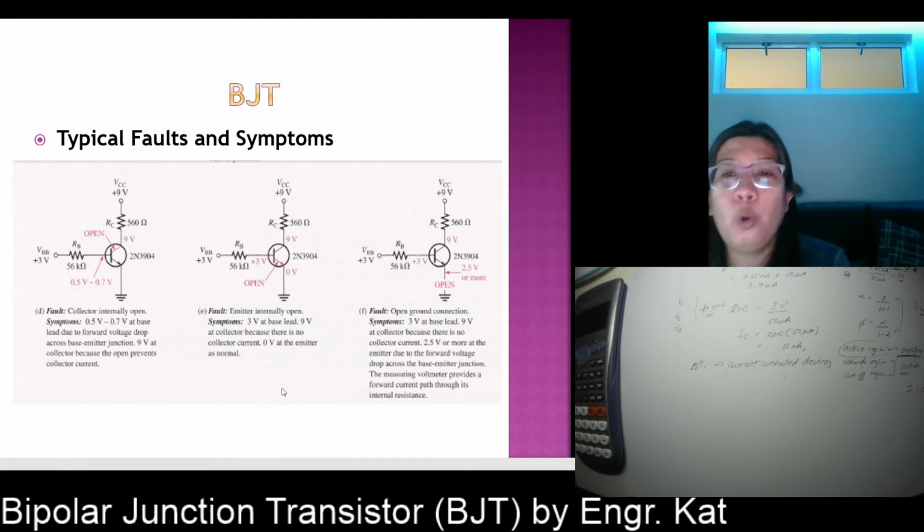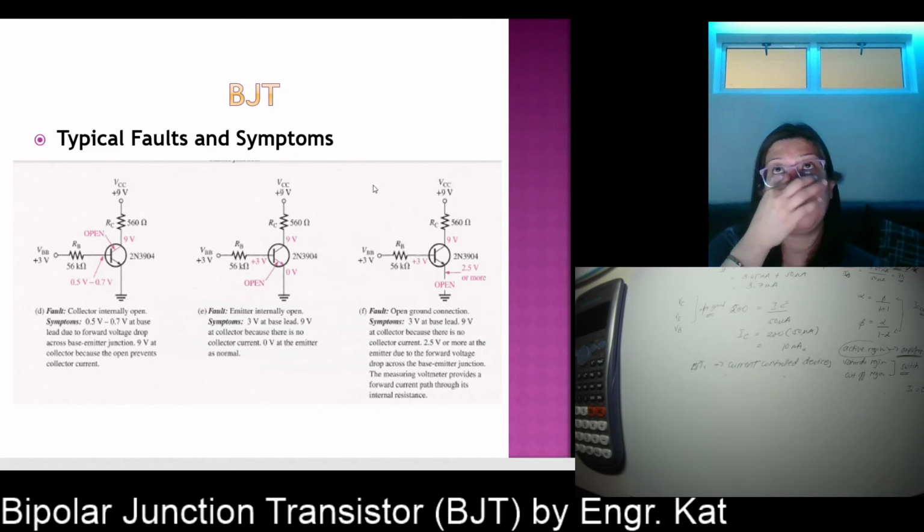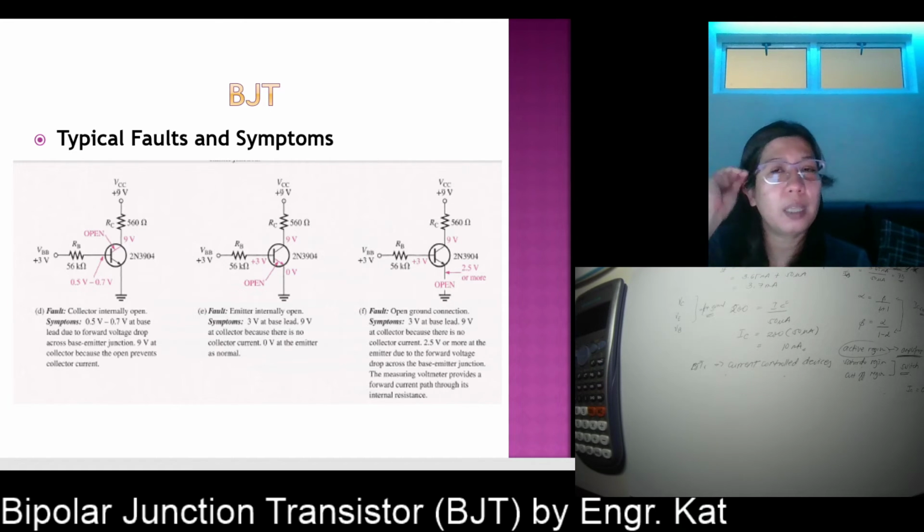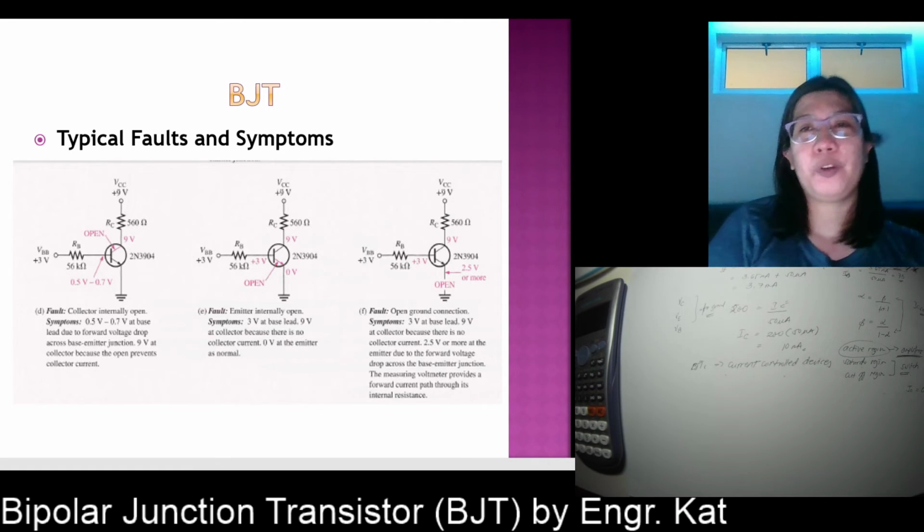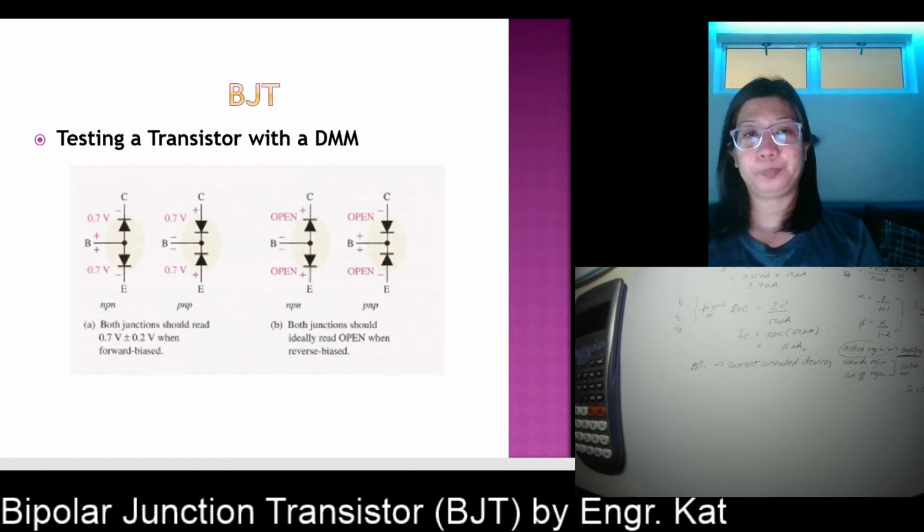For open ground connection, we can read 2.5 volts here. That means we didn't connect your emitter properly. So the fault here is open ground connections. You can experience these faults when you are performing this in the laboratory.